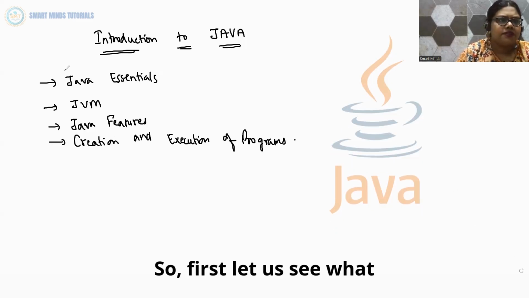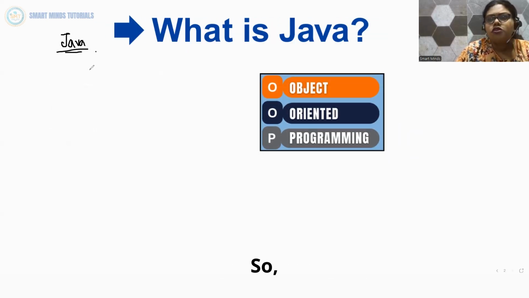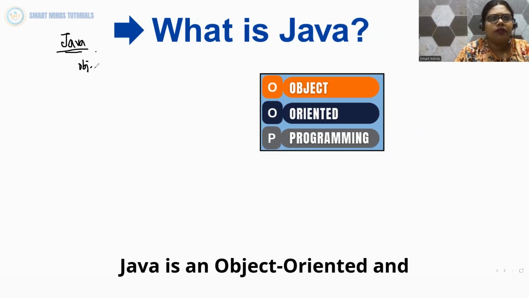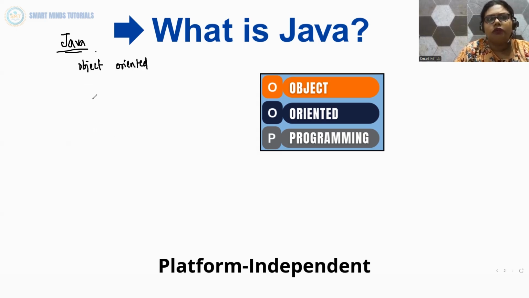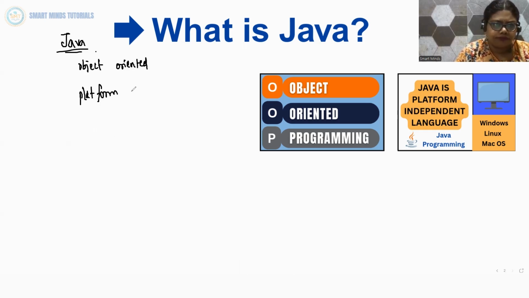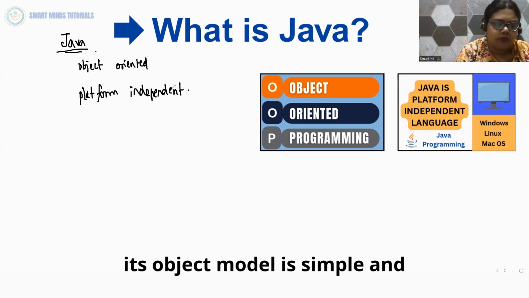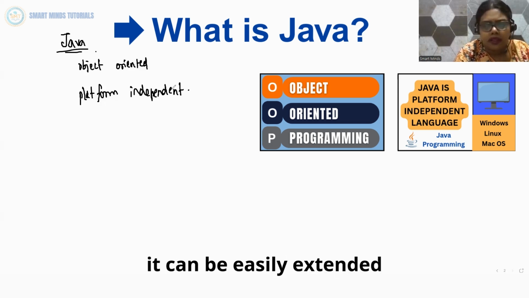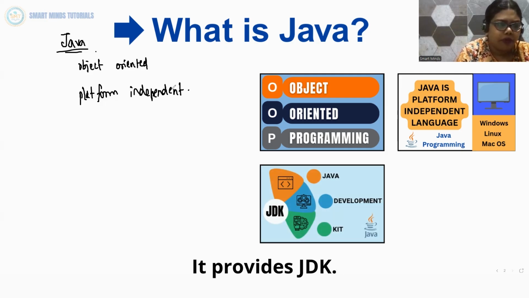So first, let us see what is Java. Java is an object-oriented and platform-independent language. Its object model is simple and it can be easily extended. And it provides JDK.